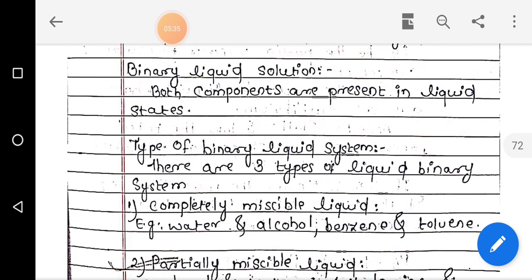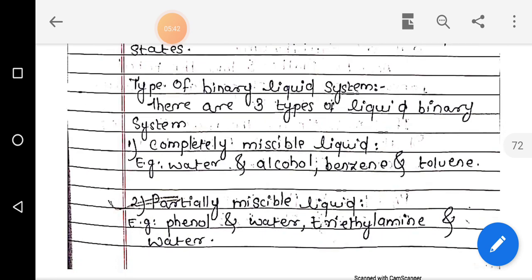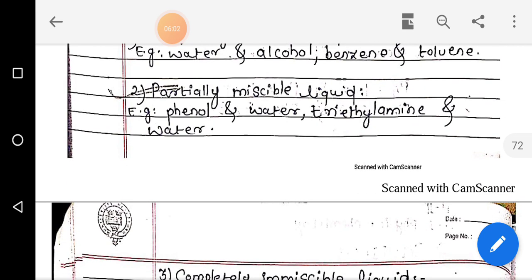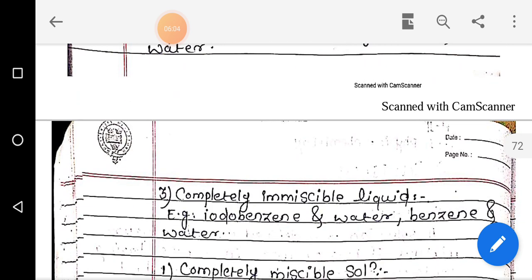Binary liquid solutions: both components are present in the liquid state, called binary liquid solution. Types of binary liquid systems. There are three types of binary liquid systems: one is the completely miscible liquids, second one is the partially miscible liquids, and third one is the completely immiscible liquids.